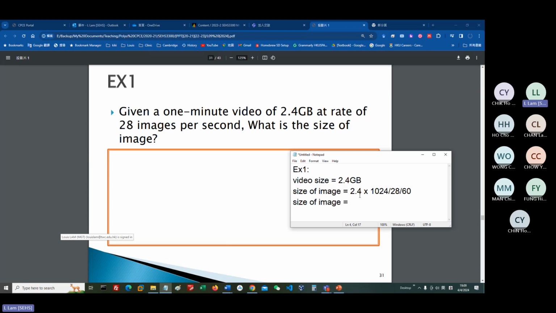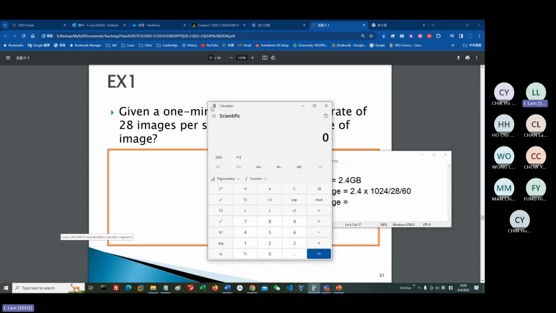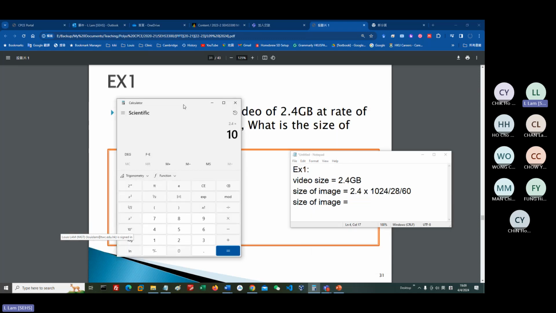So let me see if I can find the answer here for you. 2.4 times this one divided by 28 divided by 60, and then we have the answer for these questions.